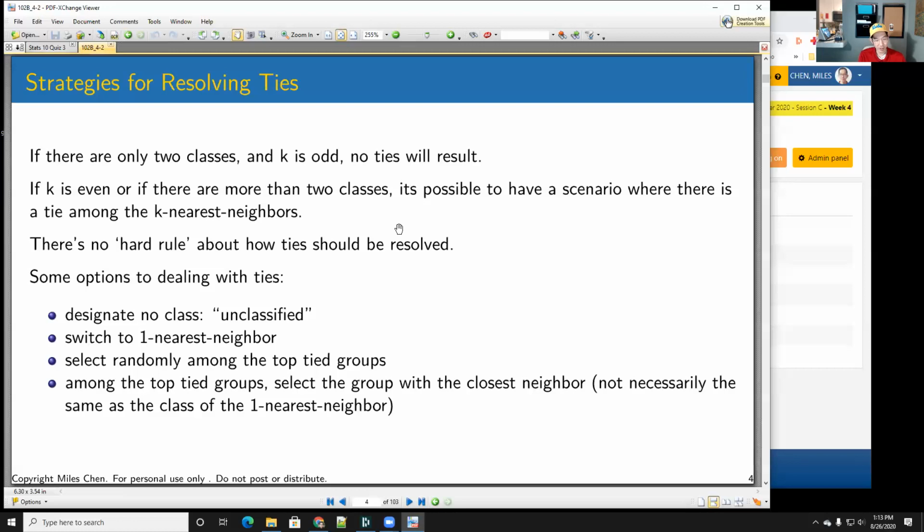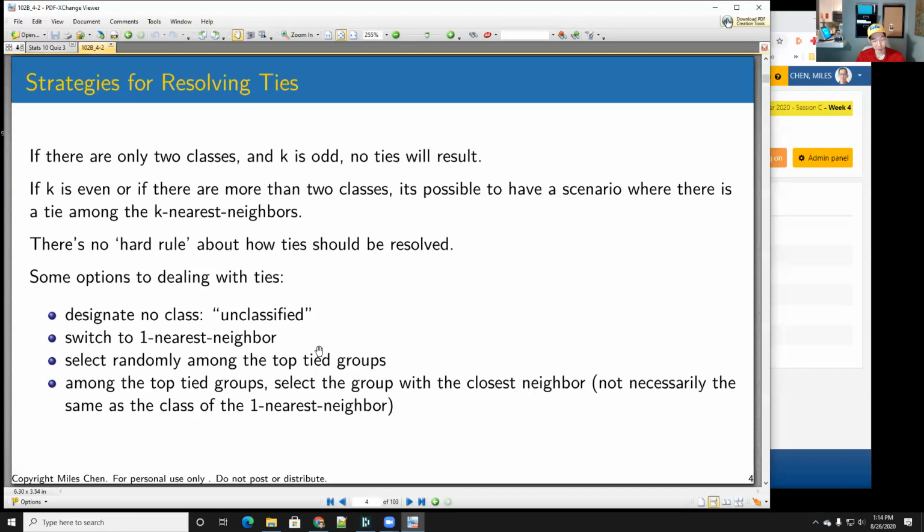Or you can say among the top tied groups, select the group with the closest neighbor. So between A and B, which one has the closest neighbor? That's not necessarily the same as using the one nearest neighbor. If you have k equal to 9 and you get 4 A, 4 B, and 1 C, it is technically possible that the one nearest neighbor is the C, but there's only one of those observations.